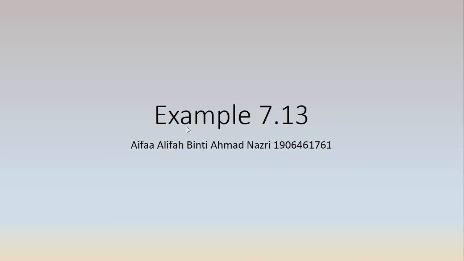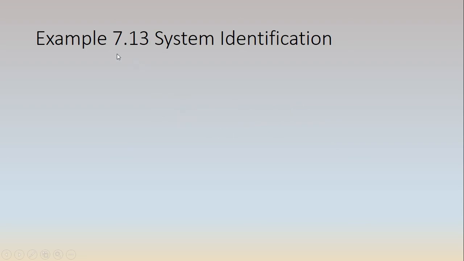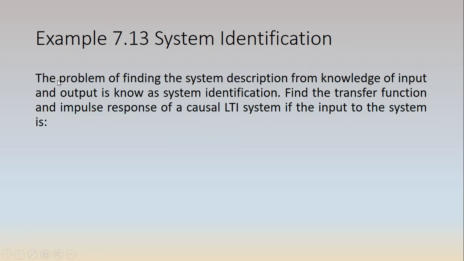So I would like to present the example of 7.13. This example shows system identification. From this example, the problem of finding the system description from knowledge of input and output is known as system identification.